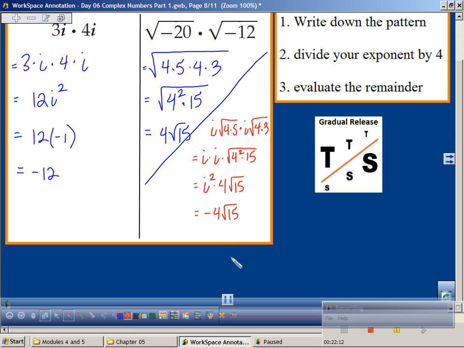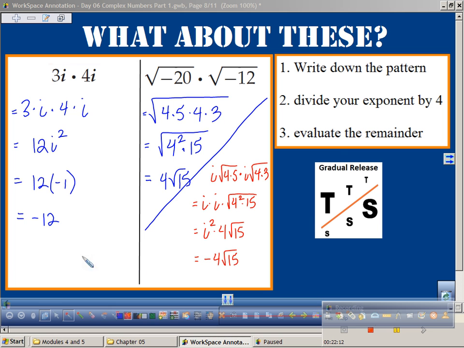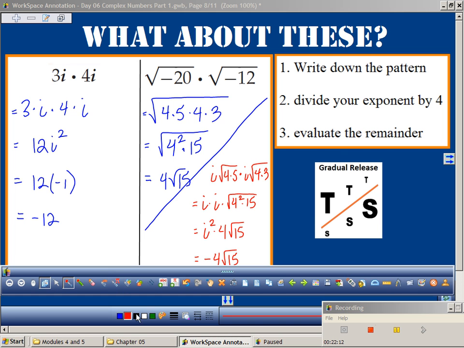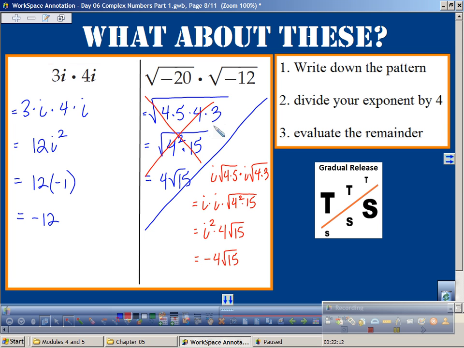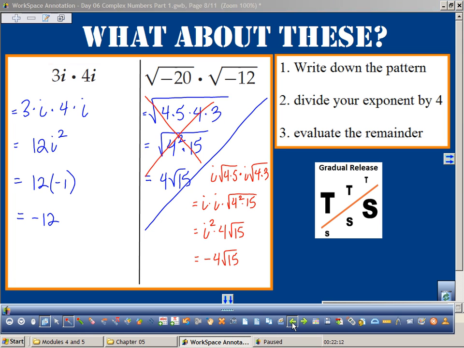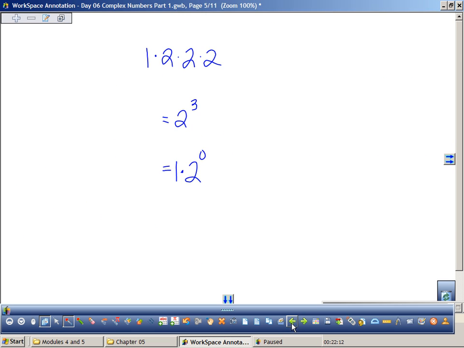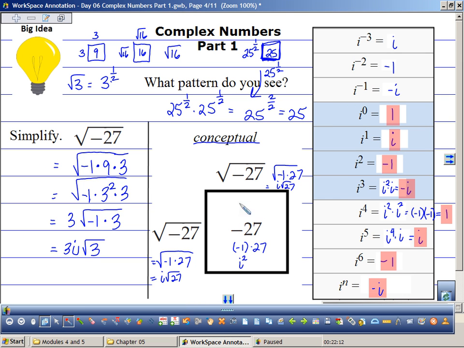No. Why not? Why do you not get the same answer? This is wrong. Completely wrong. When you're using a negative 1 inside of the square root, it's a negative.